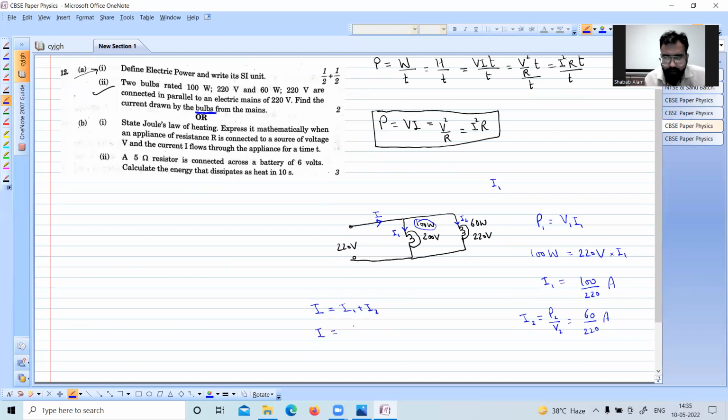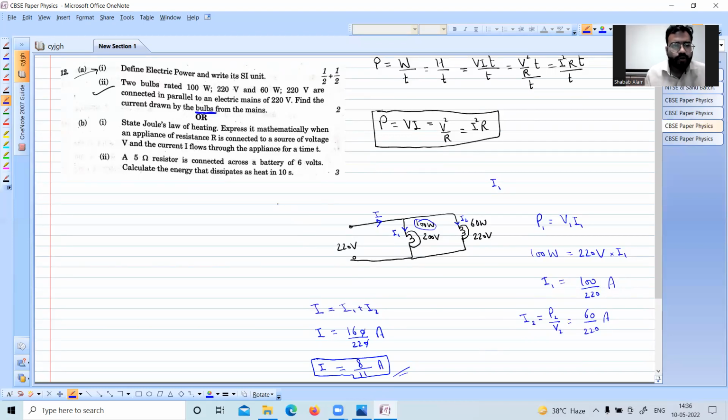So I is actually 160 upon 220 ampere. You will sort it out. This will be 8 upon 11 ampere, or you can write it in decimal as well. So this is the total current drawn from the mains by the electric bulbs.